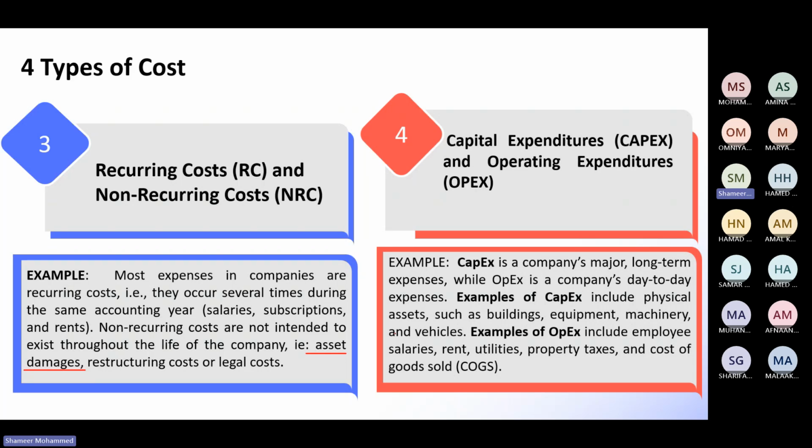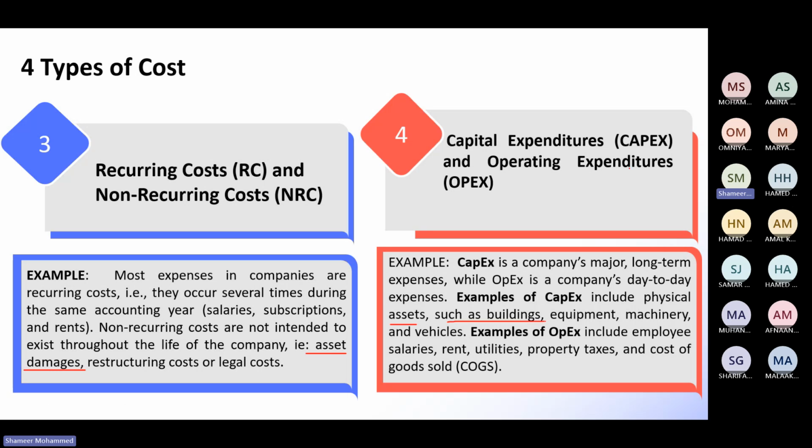Right? The last one is called capital expenditure or operating expenditure. Capital expenditure means a long-term cost, while operational means day-to-day. In capital expenditure, you have physical assets: buying the machines, buildings, equipment, machinery, vehicles.